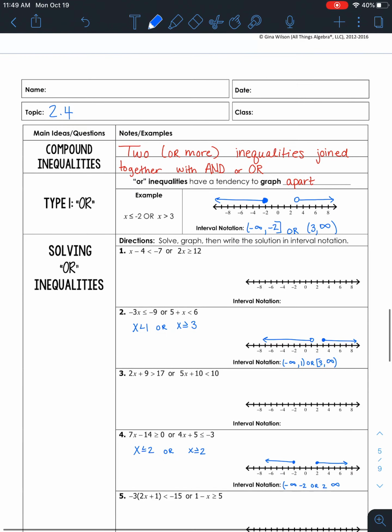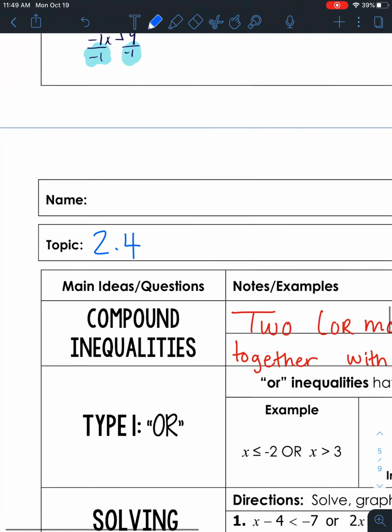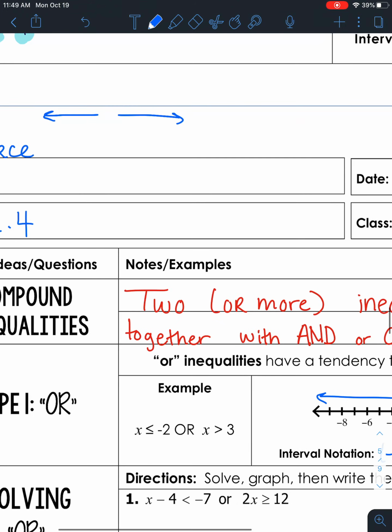One way that I like to remember these things is when we have "or," it sounds like divorce. Okay, if your parents are getting divorced, one is pulling you this way, and one is pulling you that way. We have an "and," which sounds like sandwich.